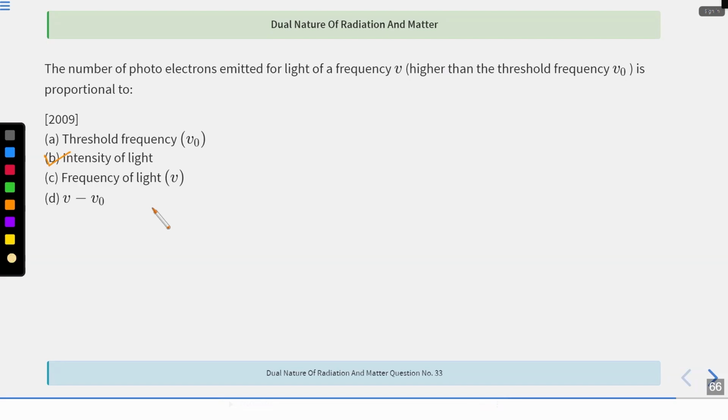No, it will be because we are talking about the number of photoelectrons, right? If we were talking about the stopping potential or anything else, then we could tell that it depends on the frequency. But we're talking about the number of photoelectrons that will be emitted, and that is directly proportional to the intensity of the incident light.